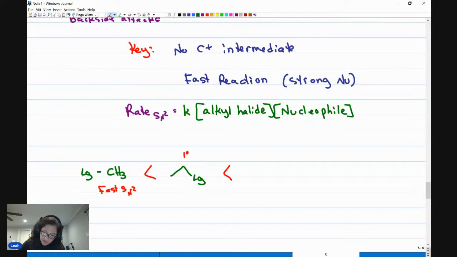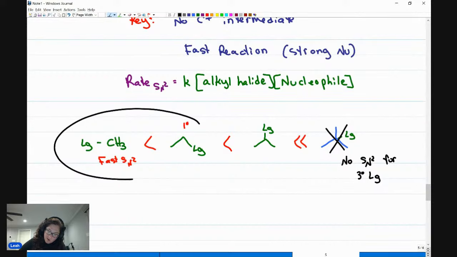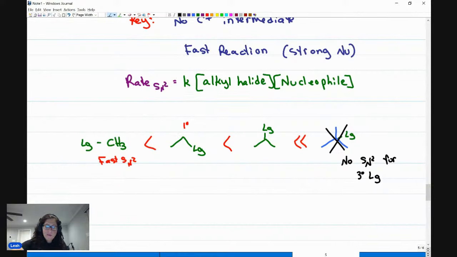If the leaving group is sitting on a secondary carbon, it's now starting to slow down. And if that leaving group is on a tertiary carbon, there is no way for the nucleophile to get in there. This reaction will not happen. You have no SN2 for a tertiary leaving group because there is too much steric hindrance. And so typically you want something like a methyl or a primary leaving group, and then you're good to go.